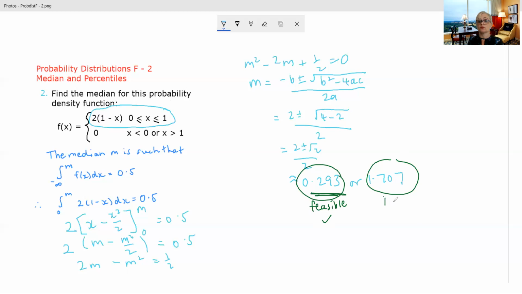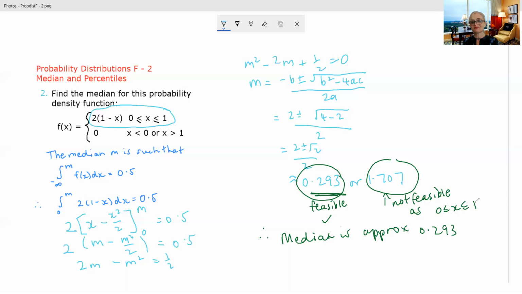So this one is not feasible as x is between 0 and 1. So our answer is going to be this one. So we'd say, therefore, the median is approximately 0.293 of whatever it is.